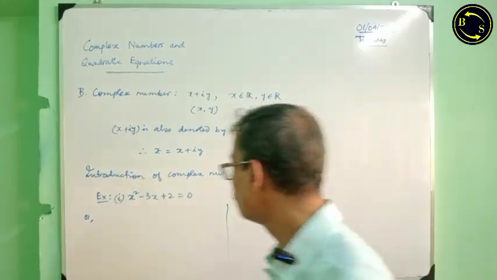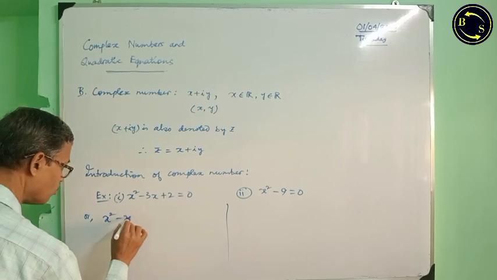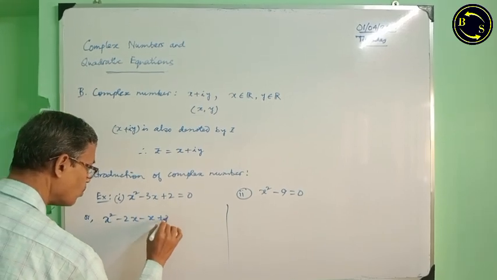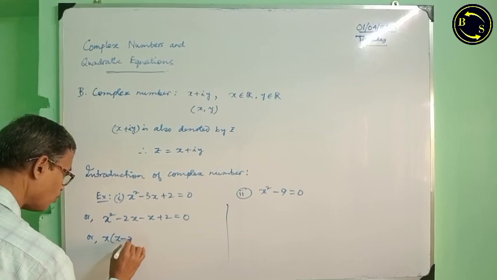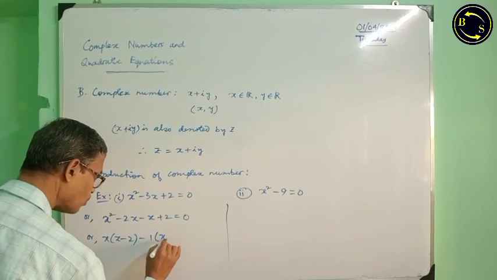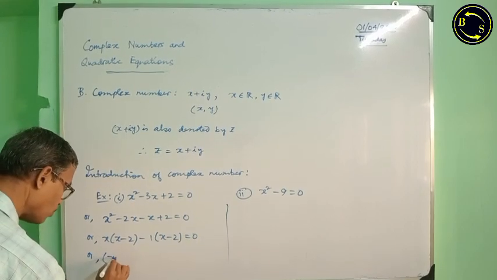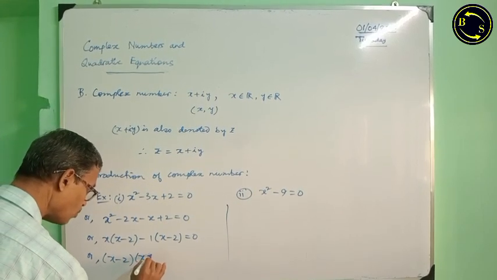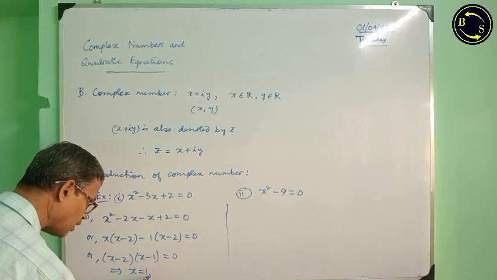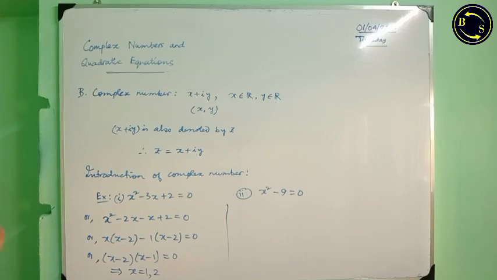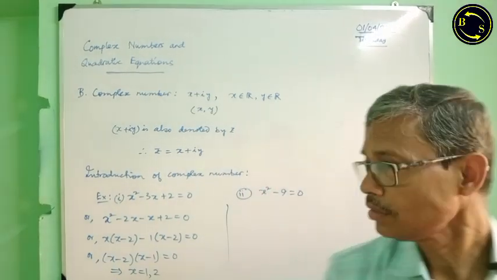I solve this one. I write here directly, not showing the detailed steps. The values are 1, 2.